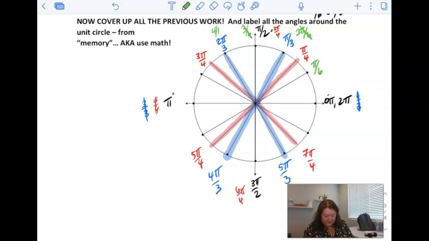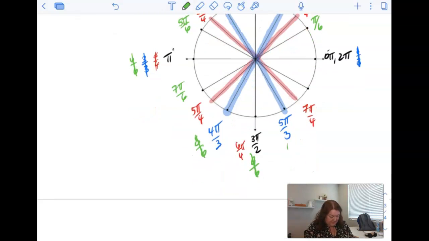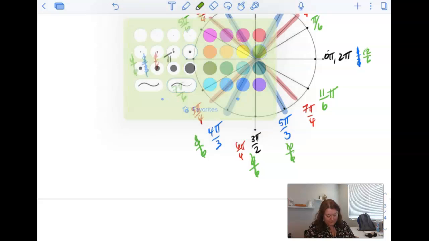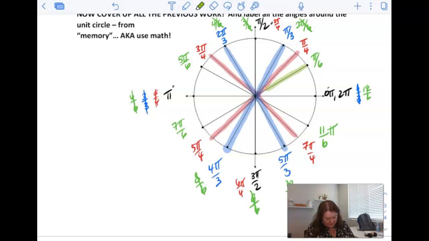Here's 4/6, it's already been used, reduces down to 2/3. 5/6 would be right here, we're going to use this one. 6/6 already been used. 7/6 is right here. 8/6 is here, but it reduces to 4/3. 9/6 is right here, but it reduces to 3/2. 10/6 right here, but it reduces to 5/3. And 11/6 is right here. And then 12/6 ends up over here again. So here are our thirds.